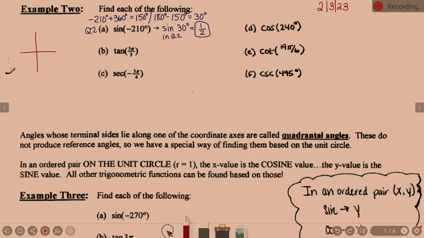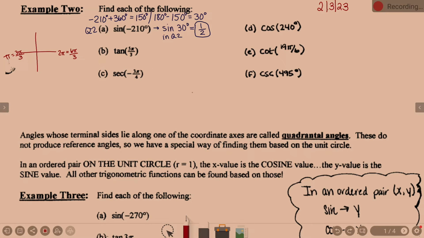Because it's on the unit circle. But if you don't look at the unit circle, pi is 180 and 2 pi is 360. That's what I keep trying to remind you of, guys. In this problem, we're working in thirds, so 1 pi is 3 pi over 3, and 2 pi is going to be 6 pi over 3.